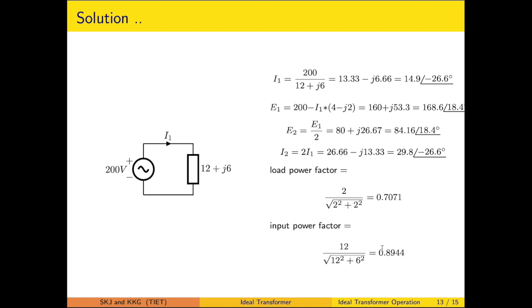So here the input power factor is coming out to be better compared to this, because there was a series element of 4 minus J2. Because of this cancellation of the reactive component, the power factor has improved.